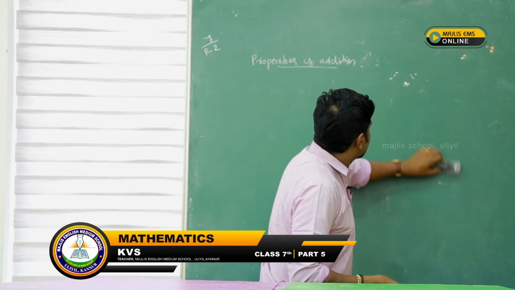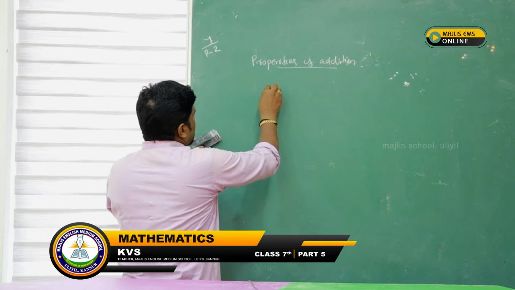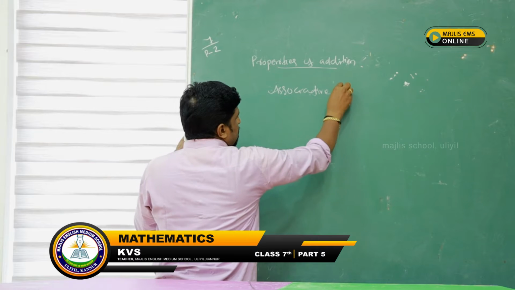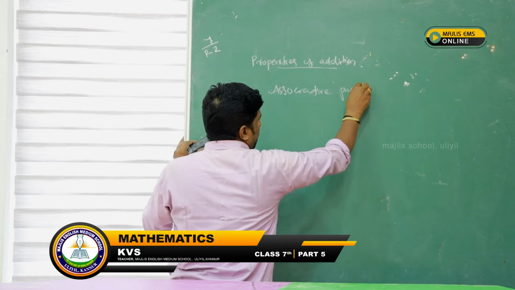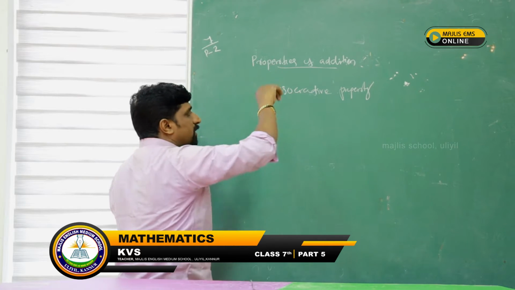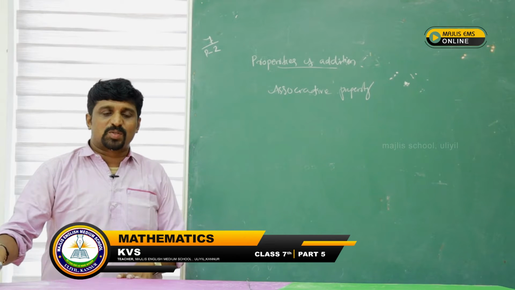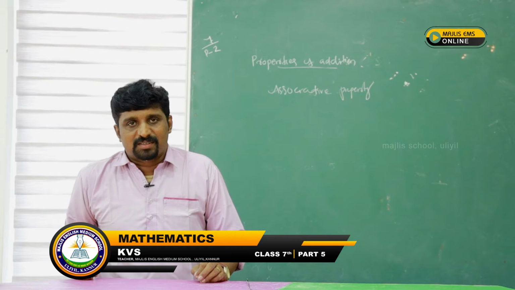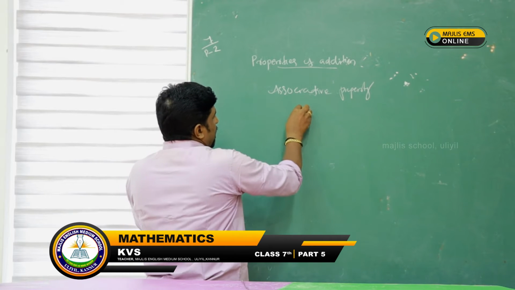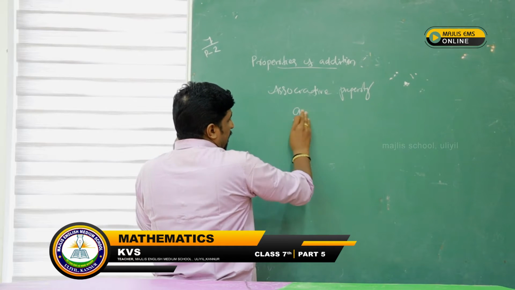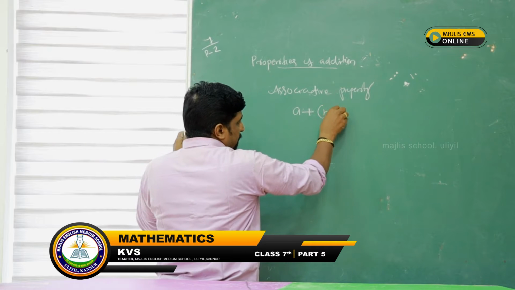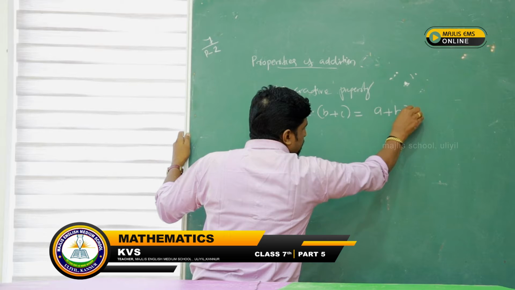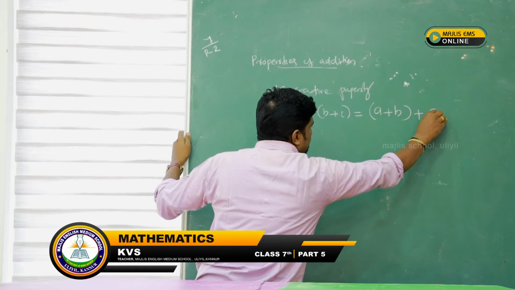Next we discuss the associative property. Associative property means we need to consider three integers. I can write a plus b plus c equal to a plus b plus c, with the brackets placed differently.